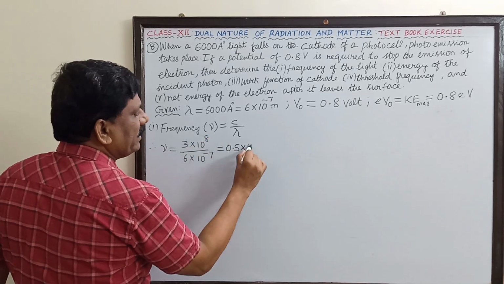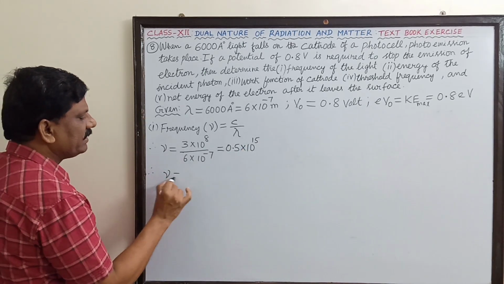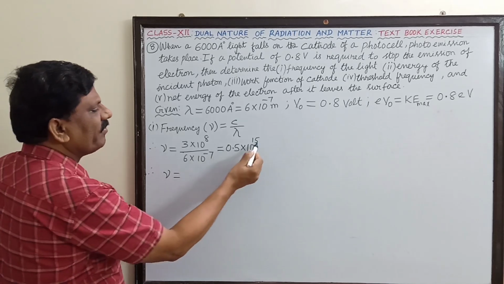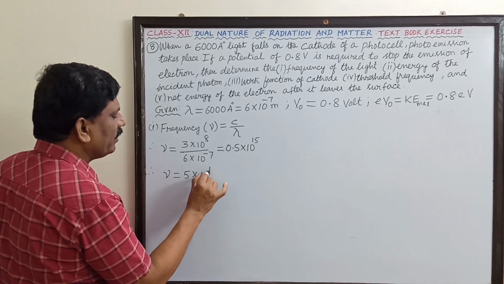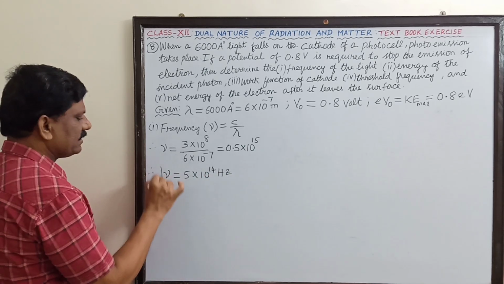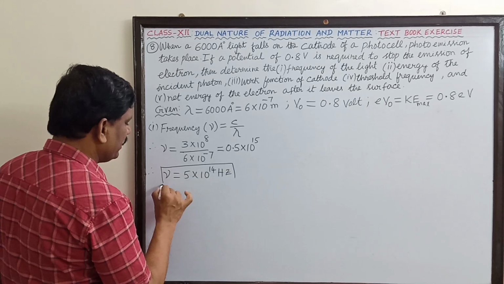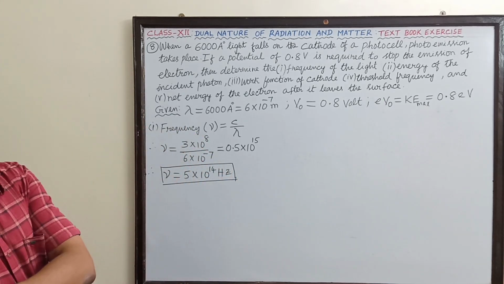So this is 10 power 15. Therefore now the frequency is equal to 0.5 into 10 power 15 or 5 into 10 power 14 hertz. So this is the required answer for the first subdivision, namely the frequency of the incident light.